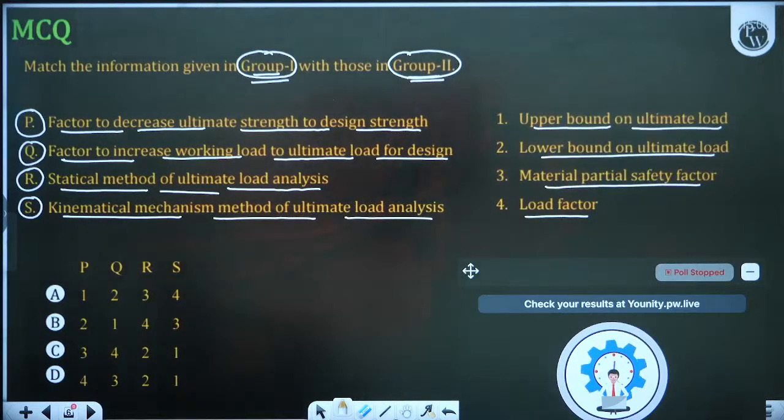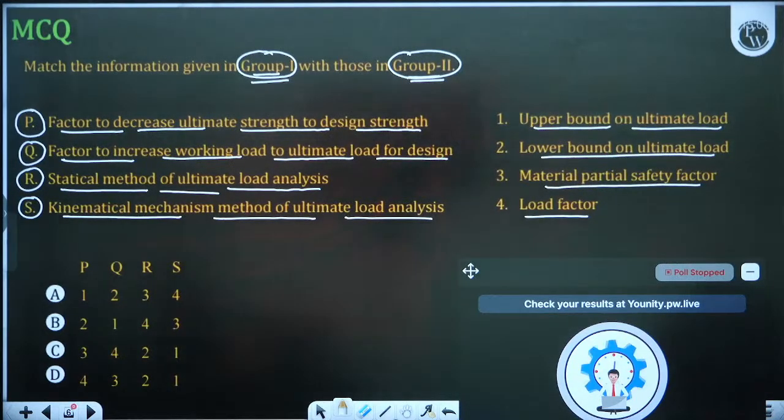Just give me a minute, I will check. Can anybody tell me the year of this question?